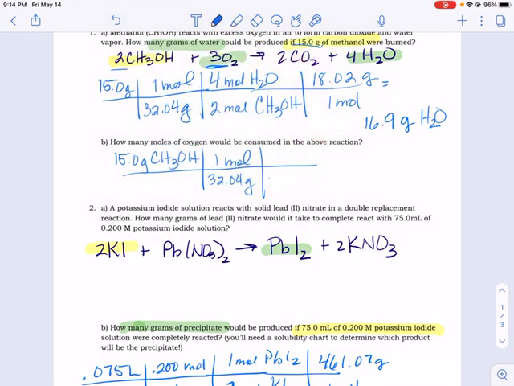So I'm going to put 2 moles of methanol on the bottom and 3 moles of oxygen on the top. And 0.702 moles.